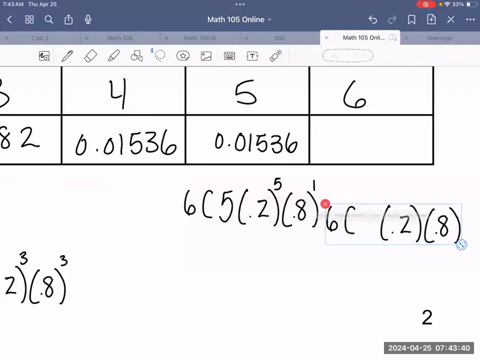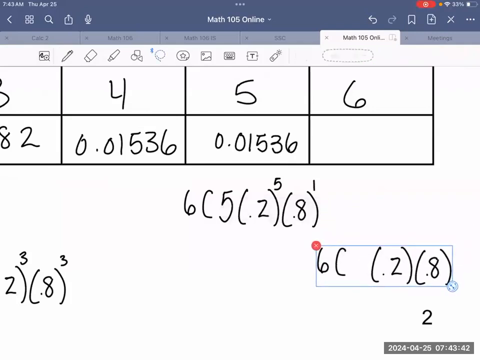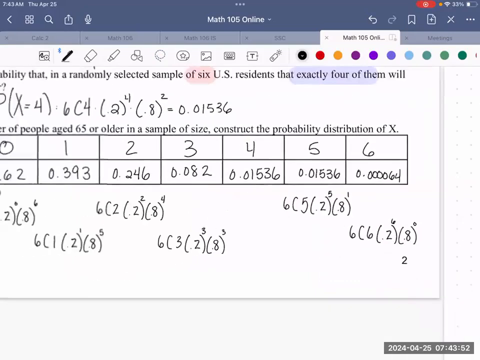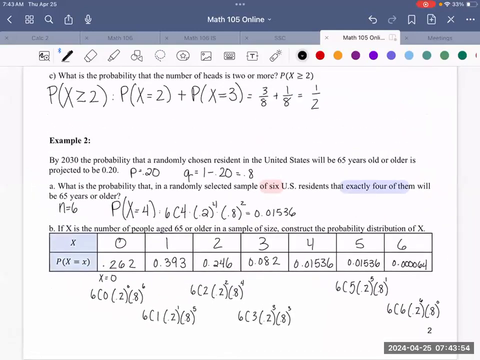And last one. And there you have it. So that is your distribution table being completed.